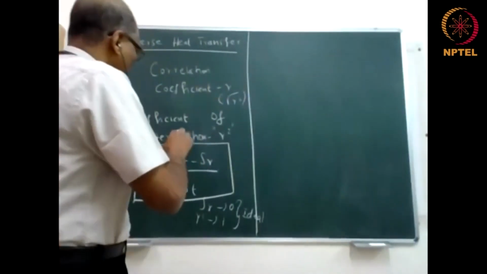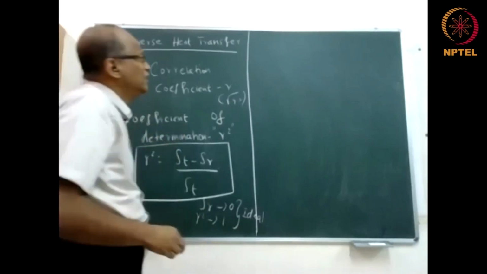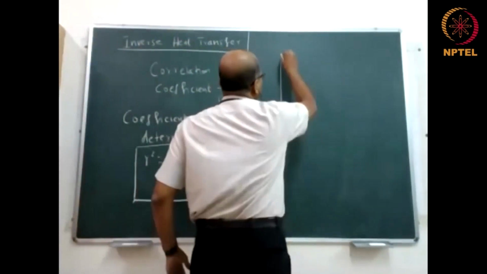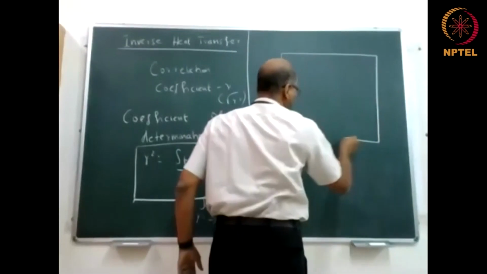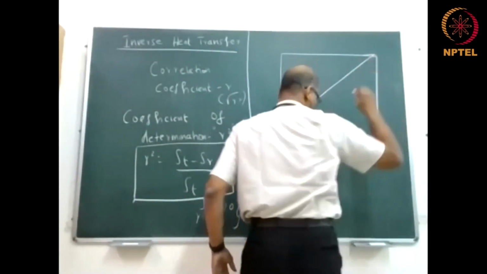All right. So we want an R square which has to be as high as possible.